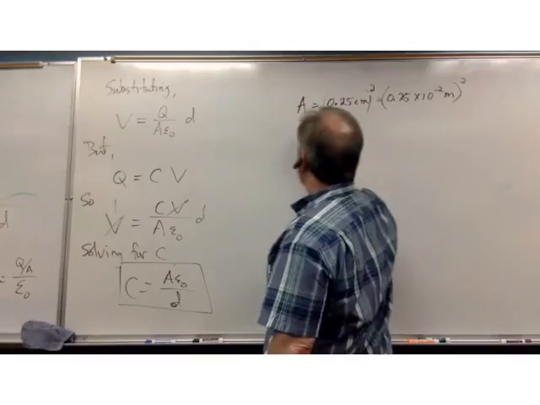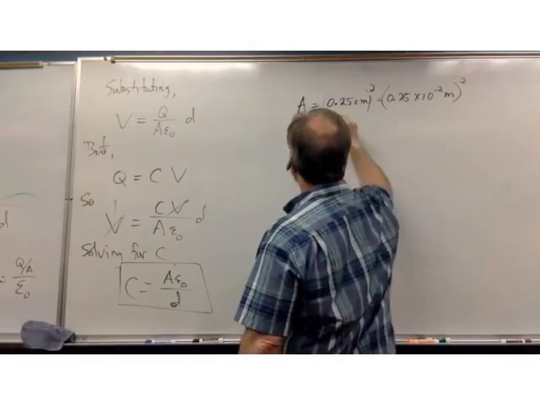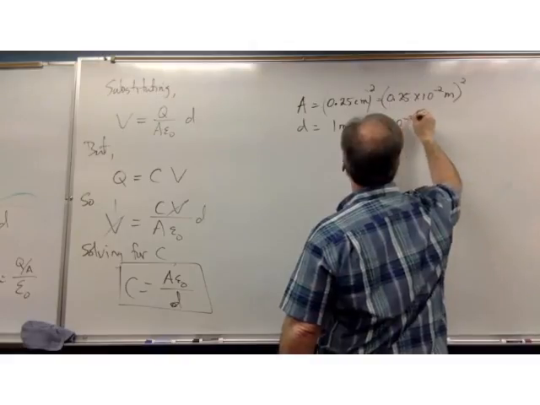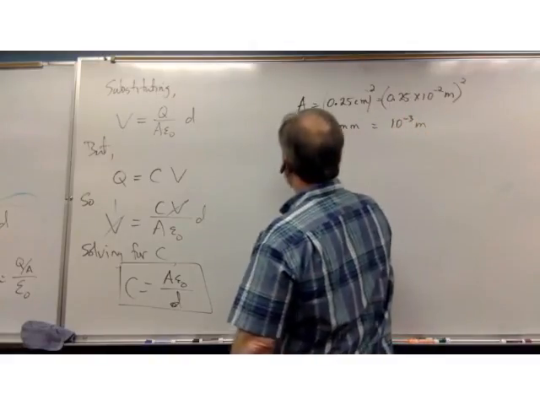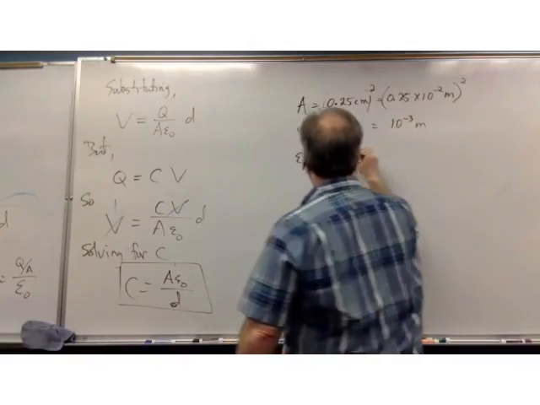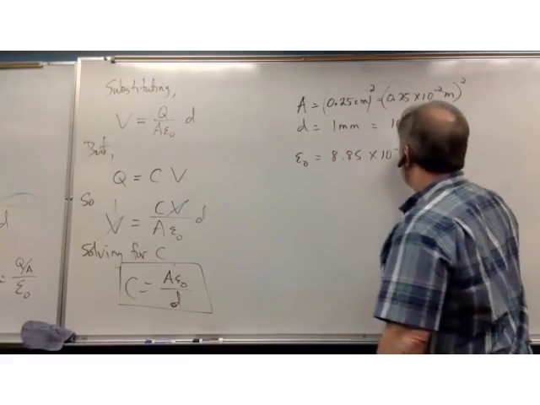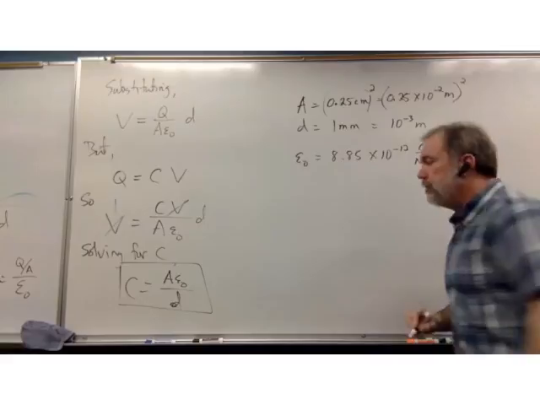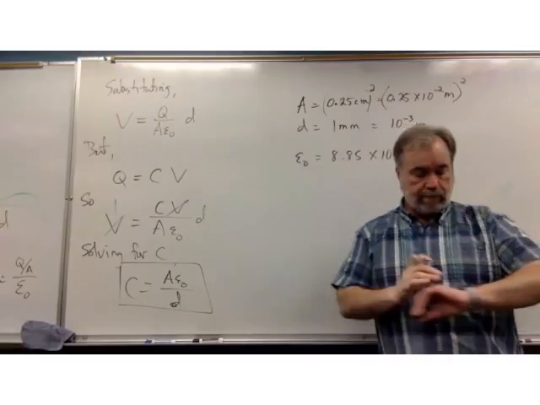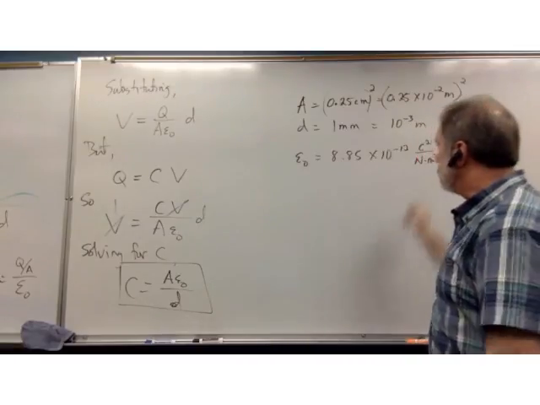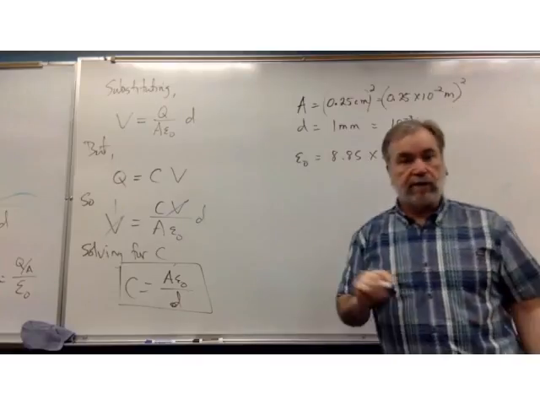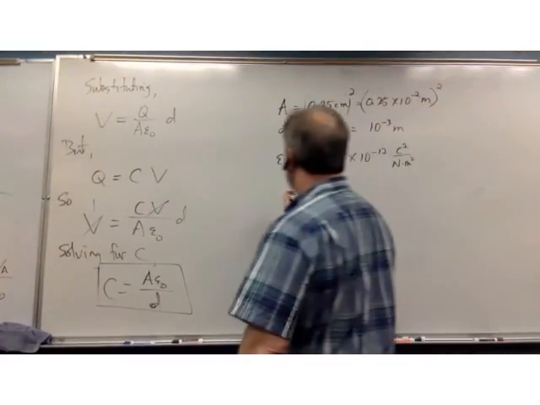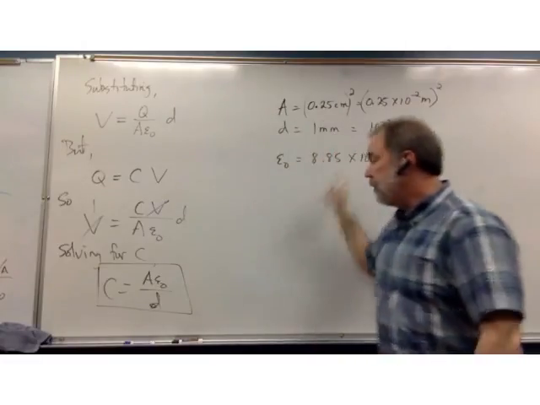So that's pretty small. D is typically 1 millimeter, so that's 10 to the minus 3 meters. And then epsilon naught, as you know, is 8.85 times 10 to the minus 12 coulomb squared over Newton meter squared. And then you can substitute that in and calculate the capacitance, which I don't happen to remember. I haven't actually done this calculation, so I'll let you do that at home. It's not going to be a big number. Anyway, that's going to be the capacitance.